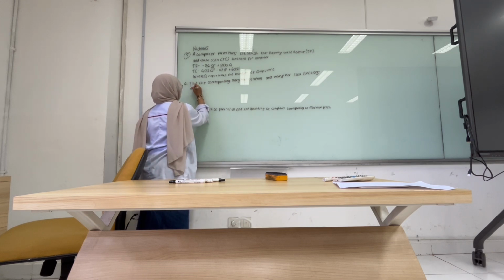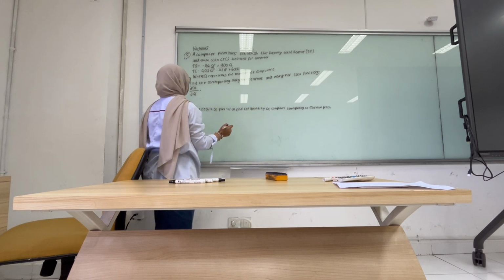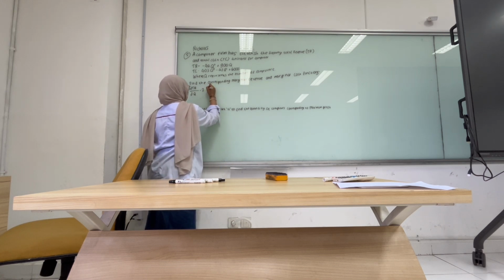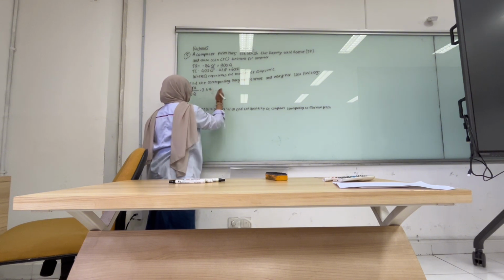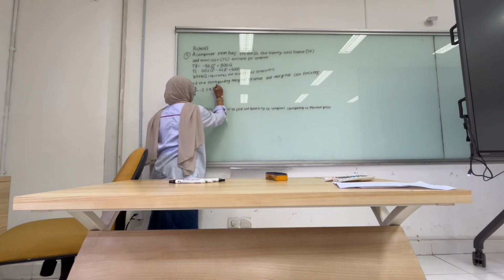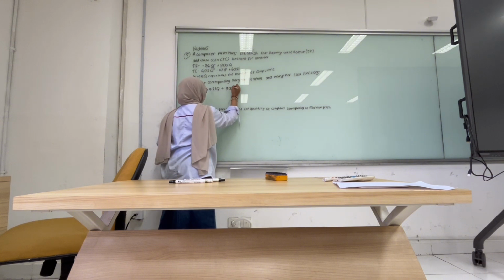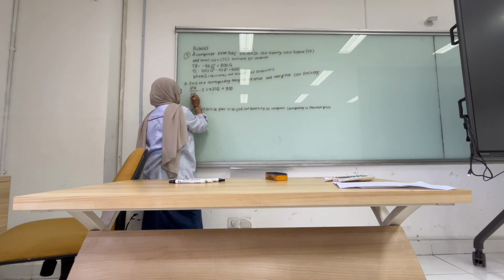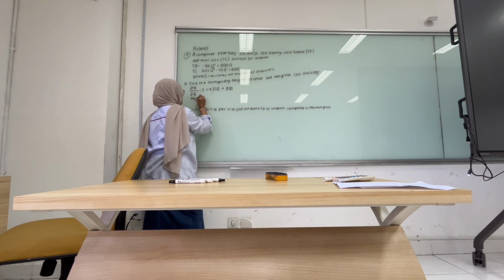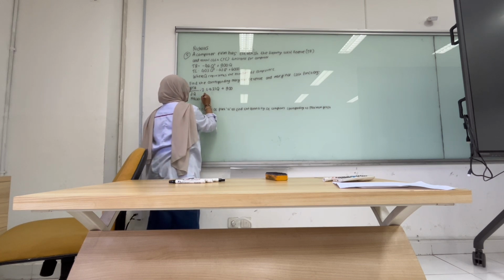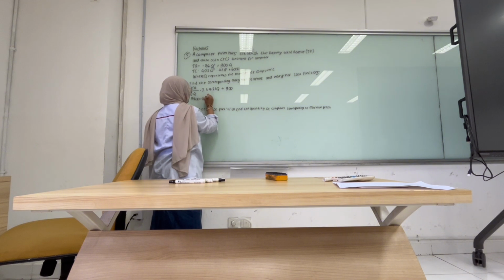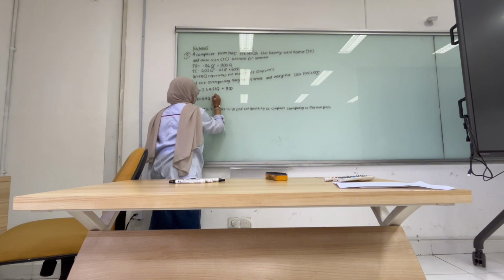Dou TR over dou Q will be 2 times minus 0.2 Q plus 900. So the marginal revenue is minus 0.4 Q plus 900.